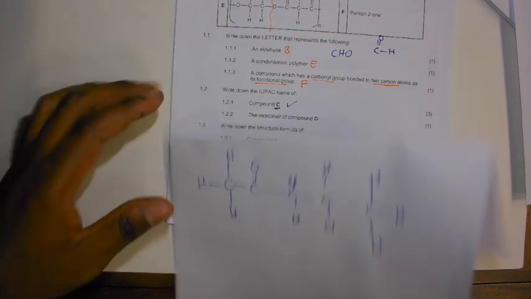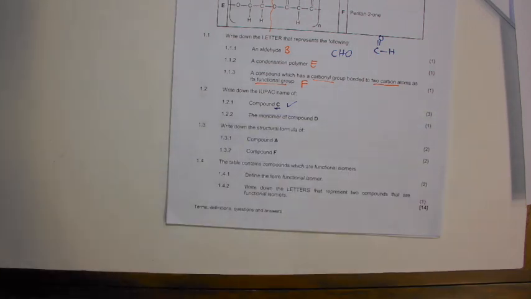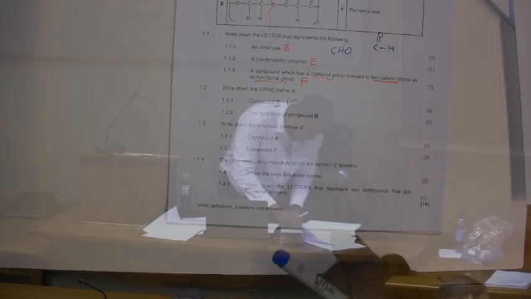And then now they say the table contains compounds of functional isomers. Define what is a functional isomer. What is a functional isomer of an aldehyde? So, what is a functional isomer?